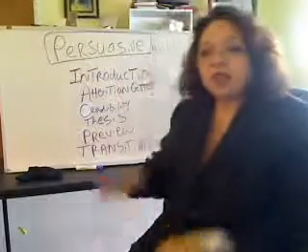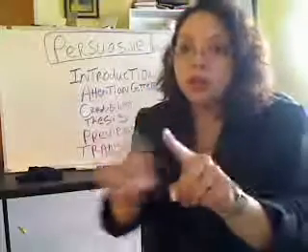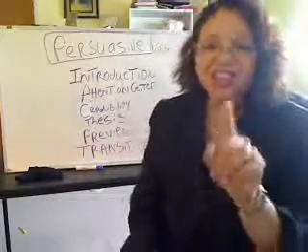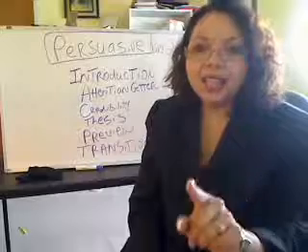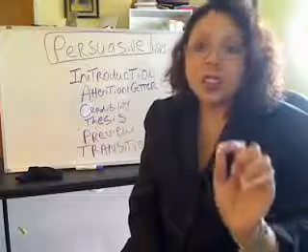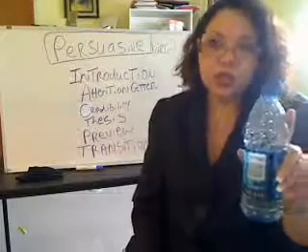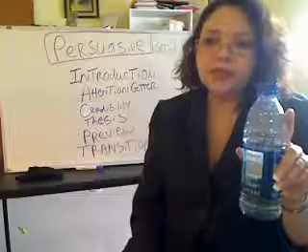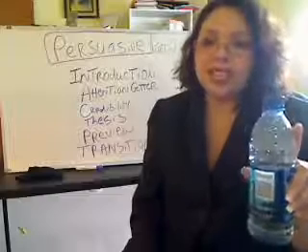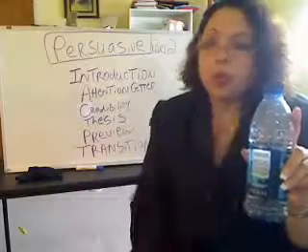An attention getter has 2 things to it. First, your attention getter has to relate to the topic. If you're going to deliver a speech about water bottles and you're trying to persuade us to change a behavior, your attention getter should do something with water, something with bottled water.